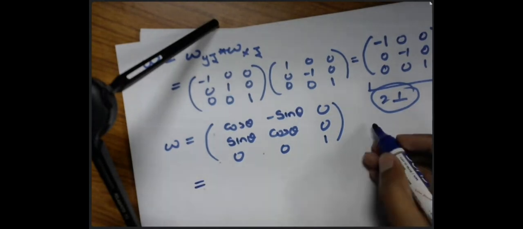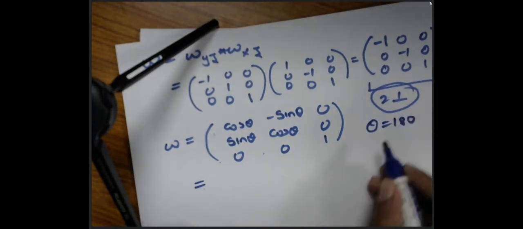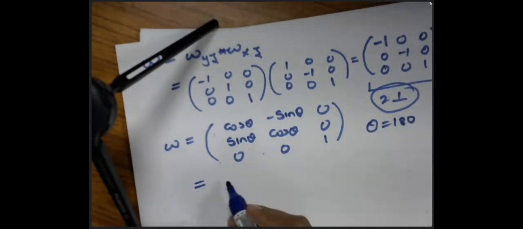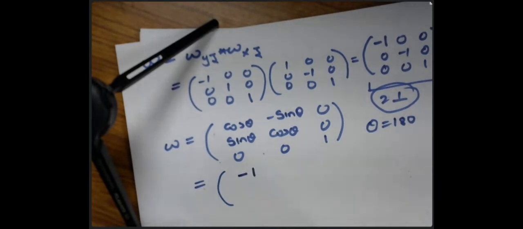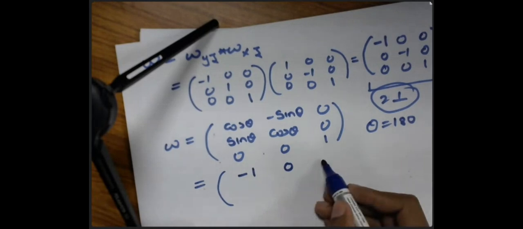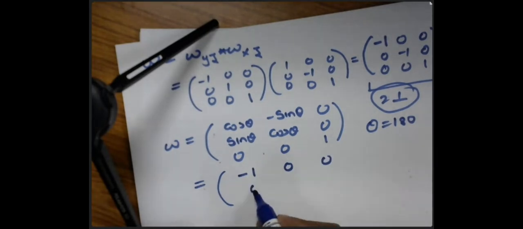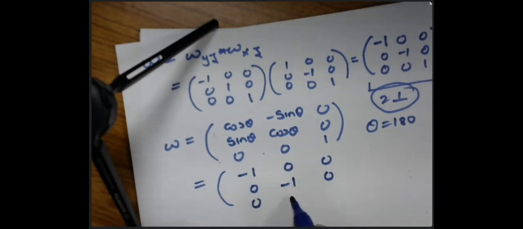Twofold means the rotation by theta angle will be nothing but 180 degrees. We have to substitute 180 over here. Cos of 180 is nothing but minus 1. Sin of 180 is 0. So 0, 0, minus 1, 0, 0, 0, 1.